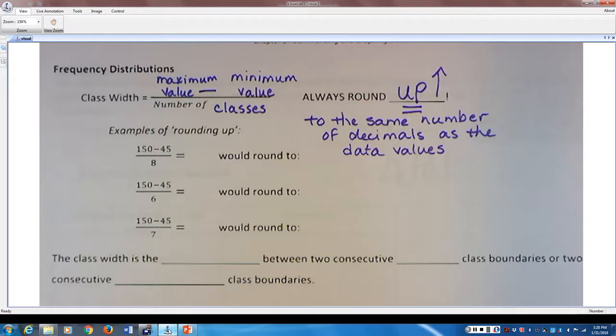So for example, when we were looking at the data values that were pulse rates, our pulse rates were all integers. They were all whole numbers. There was no decimal places. There were 0 decimal places. So in the case of the pulse rates, we rounded our class width up to a whole number, like the data, which meant we rounded up to 10.